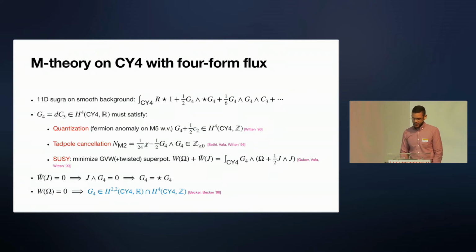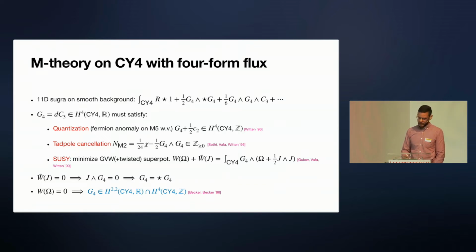There's also tadpole cancellation. We want the charge on the compact space to be equal to 0, so there's some relationship between the Euler characteristic of the Calabi-Yau space and the integral of G4 wedge G4. This is the condition that has to be satisfied, and we also want this to be a positive or at least non-negative integer.